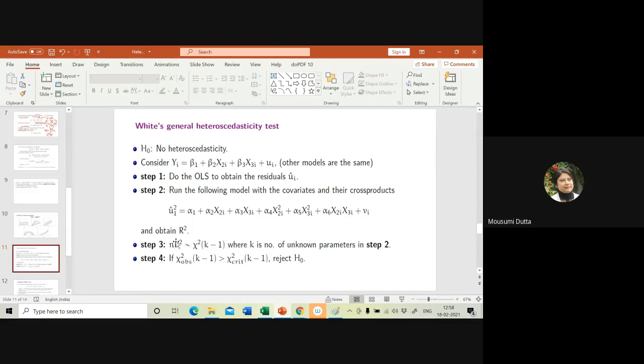I hope you remember the several large sample tests we talked about, the Wald test, LR test, LM test, etc. I gave you the note on that. So we are running that kind of test. Can anyone tell me what particular test I am doing here, LR or LM or Wald?